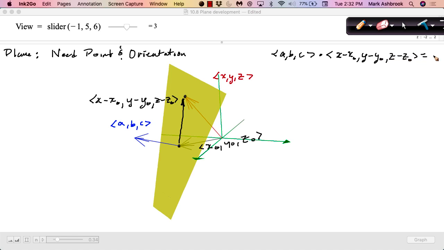That forms the equation of the plane, because as this red point moves around, covering all points, the black vector will always be parallel to the plane, since it's always from a point in the plane to my given point in the plane. So I'll always get a vector parallel to the plane, which will always be orthogonal to ABC.